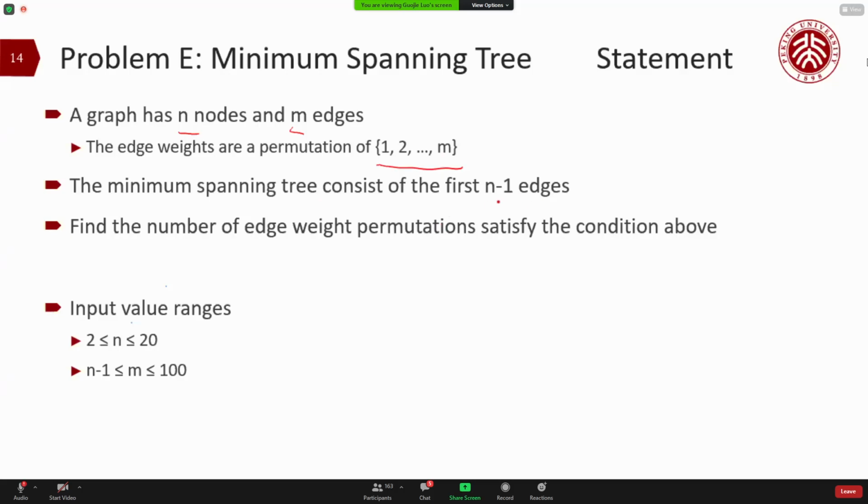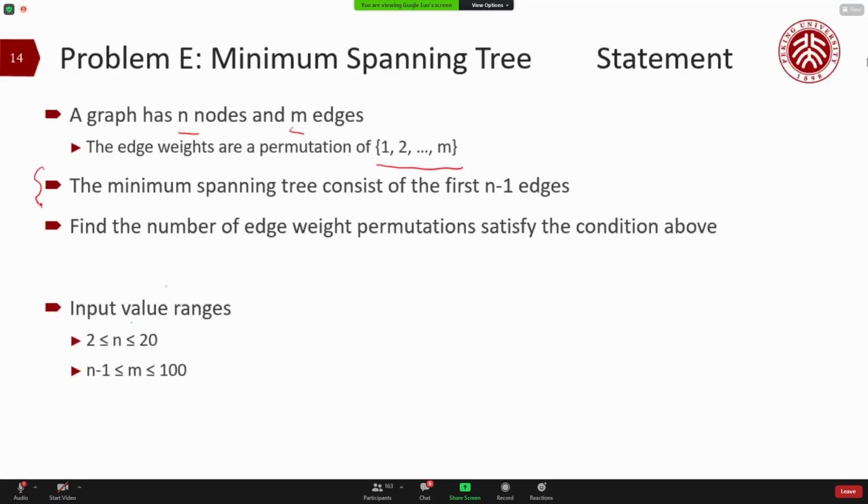The graph is given in the input, so you will know the first n-1 edges. We would like to count how many permutations lead to a minimum spanning tree consisting of the first n-1 edges.